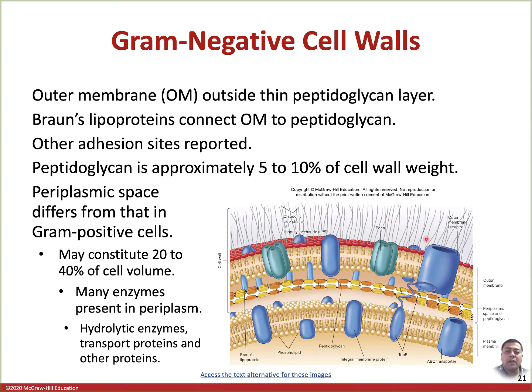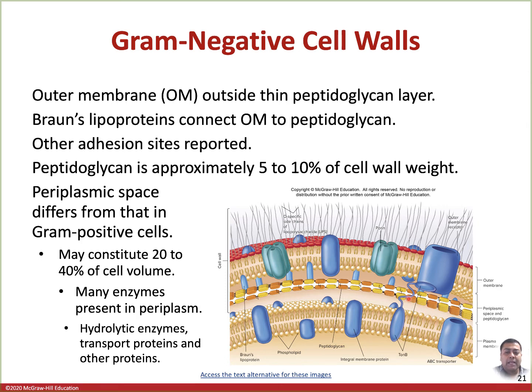When they come in contact with the outer membrane receptor of the TonB complex, this triggers an energy transduction. You can see that it is attached. The energy transduction process helps this large molecule to enter the periplasmic space.